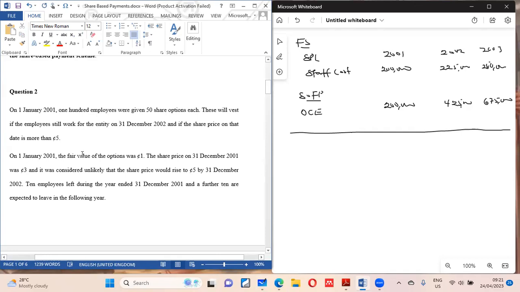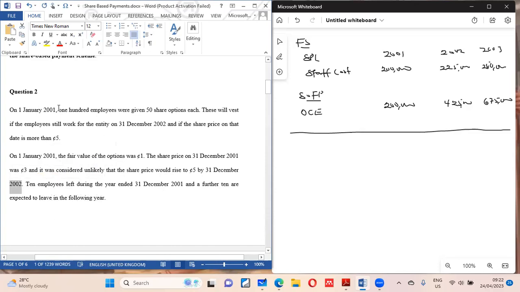On January 1, the fair value of the option was 1. The share price on 31st December 2001 was 3. It is considered unlikely that the share price will rise to 5 by 31st December 2002. 10 employees left during the year, and a further 10 are expected to leave in the following year.